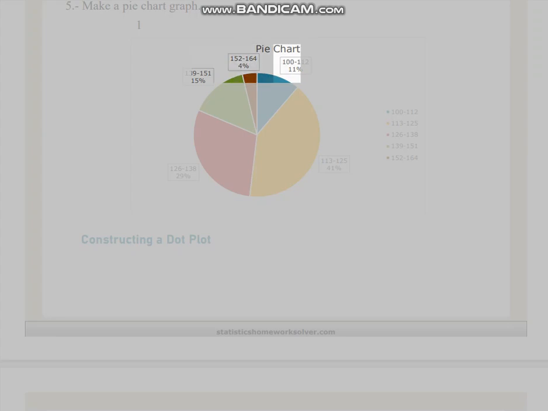Pie chart of the classes 100 to 112, 113 to 125, 126 to 138, 139 to 151, and 152 to 164, with 113 to 125 at 41% and 126 to 138 at 29%.